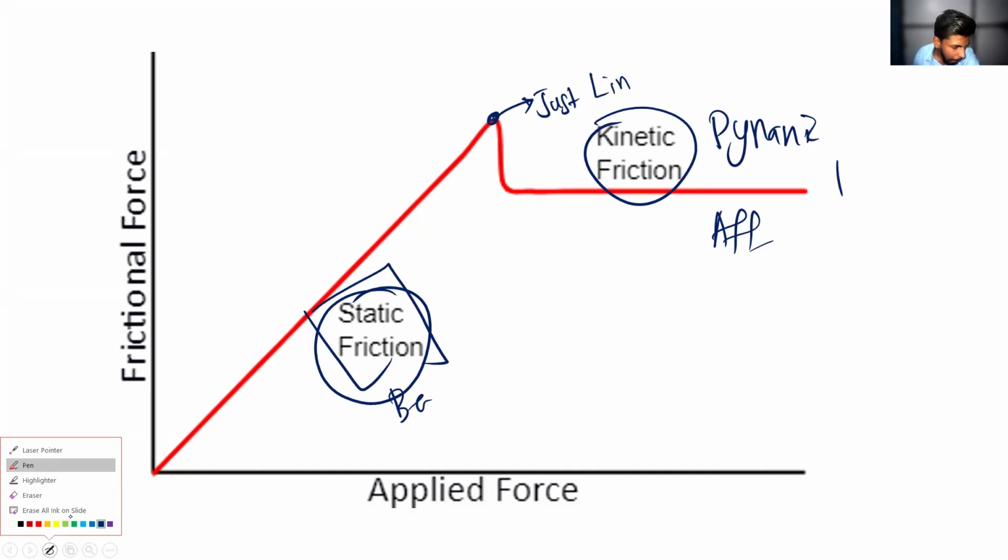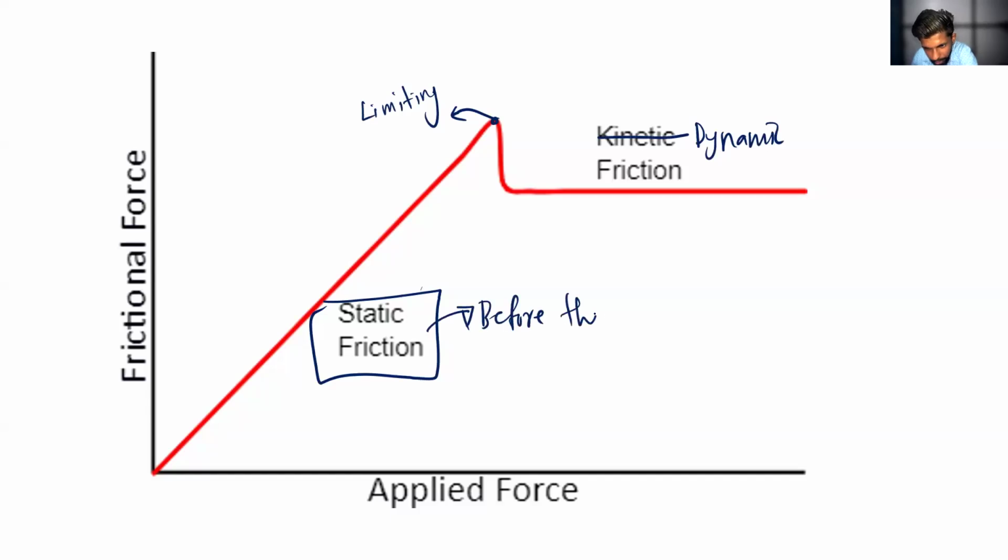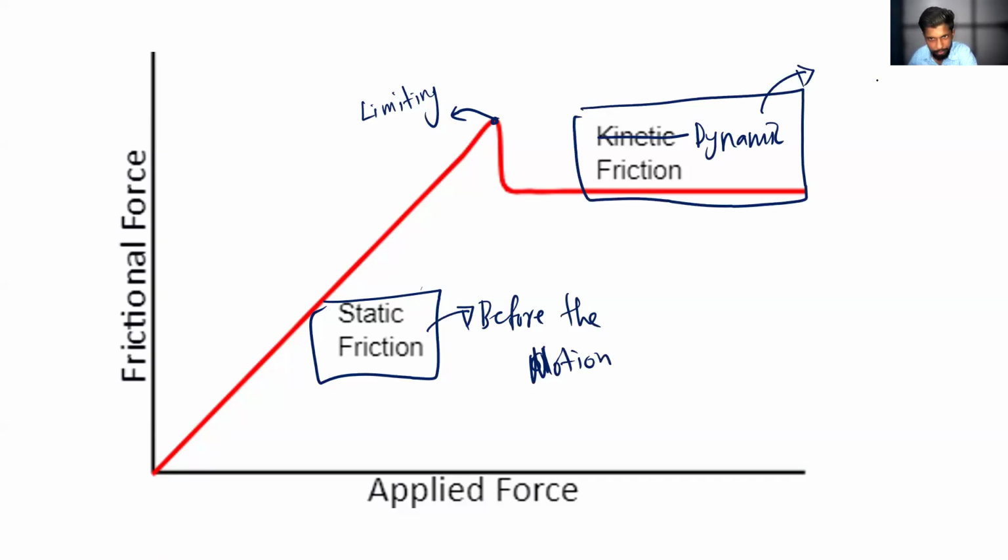So there are three types of frictional force, right? Static, limiting, and dynamic. Static means before the motion. Dynamic frictional force means after the motion, while the object is moving.